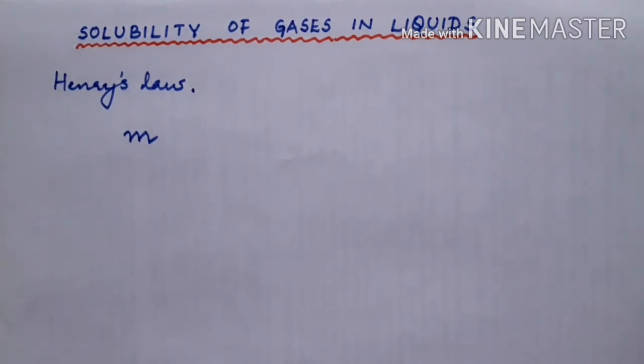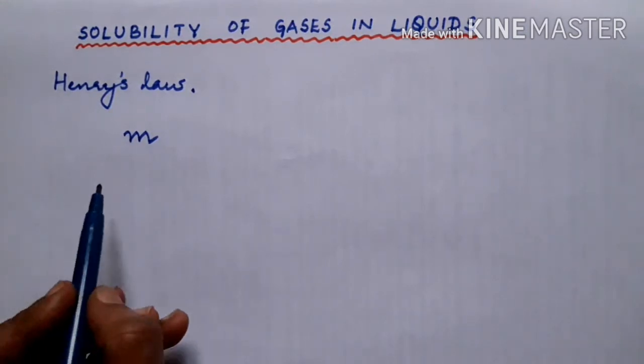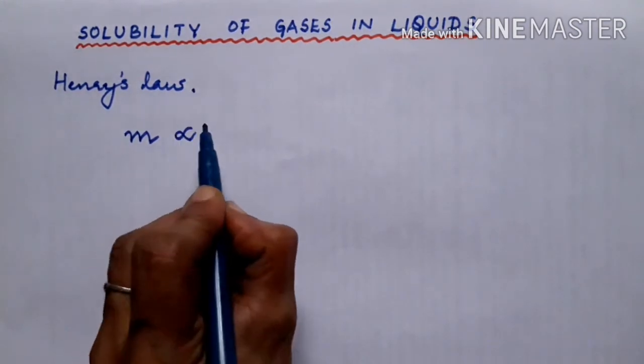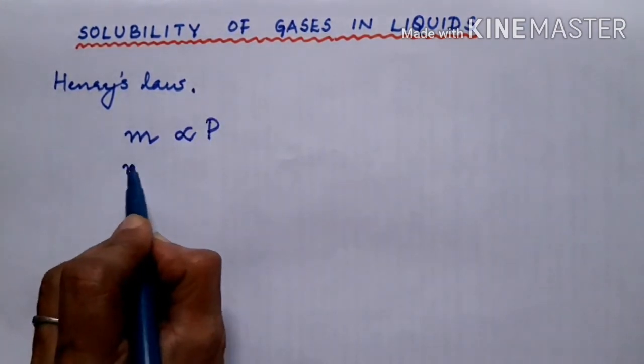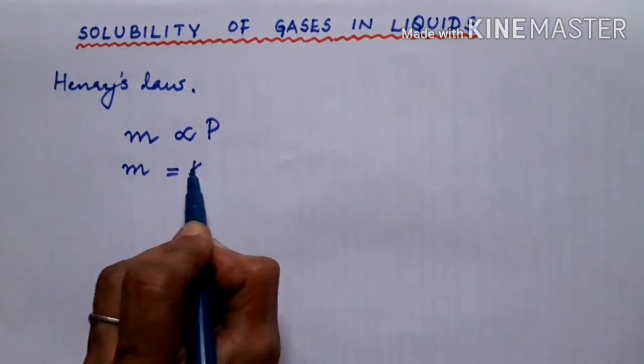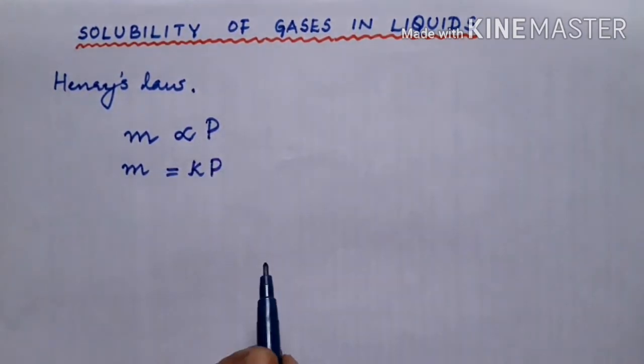That is, m is the mass of the gas dissolved per unit volume of the solvent, and if P is the pressure of the gas in equilibrium with the solution, we have the expression m is directly proportional to pressure, or m is equal to KP, where K is the proportionality constant. The value of K is different for different gases at a particular temperature. K depends upon the nature of the gas, nature of the solvent, temperature, and pressure.